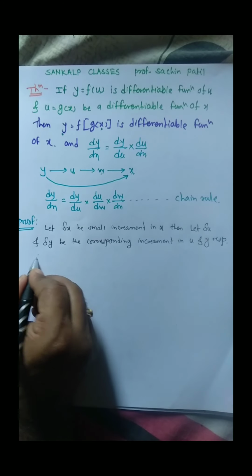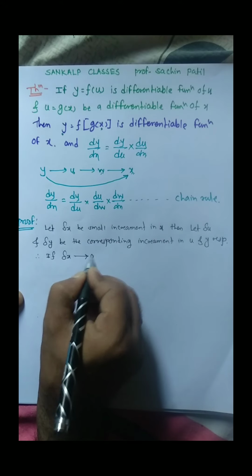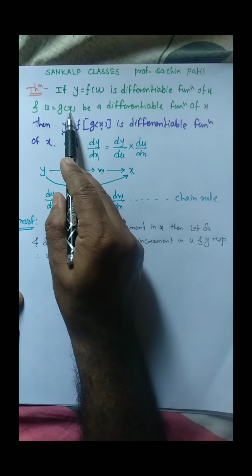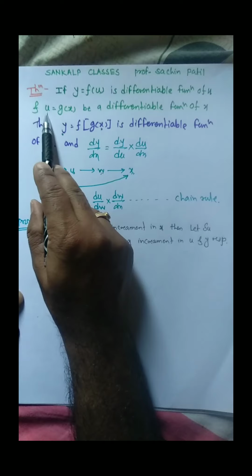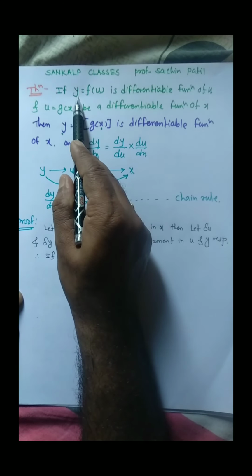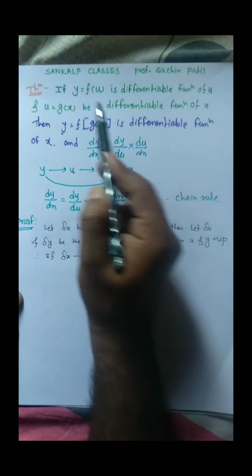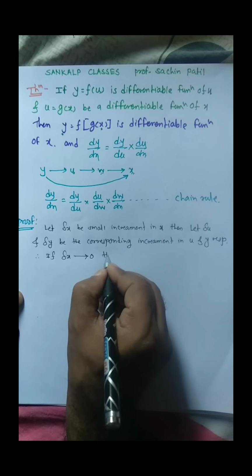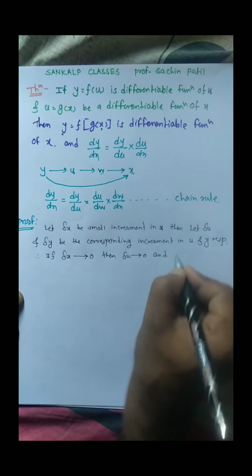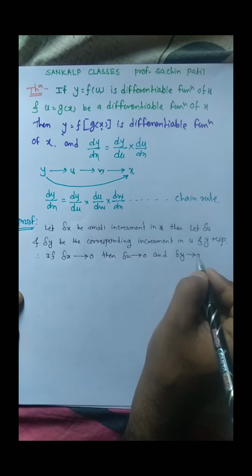That is, if delta x tends to 0, that means we know that when you change the value of x, you will get the relative change in u, and if you change the value of u, then you will get the relative change in y. If the change in x tends to 0, then delta u tends to also 0 and delta y tends to also 0.